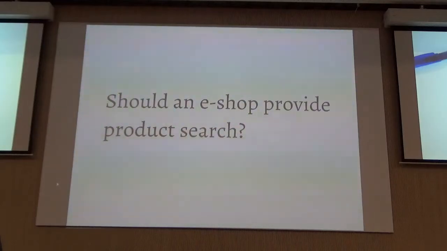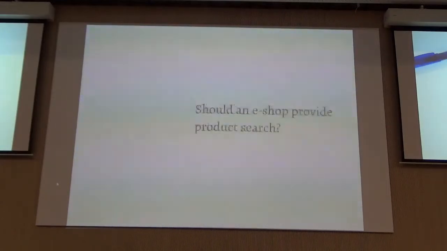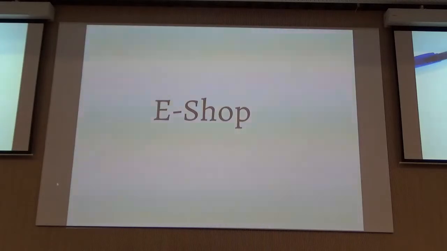And then there is a question that I would be asking you, which is whether we need to support product search or not, but that's maybe ahead of time. It would probably be best if we could write down some features. So tell me some features that you normally see or would like to have in a shop system.